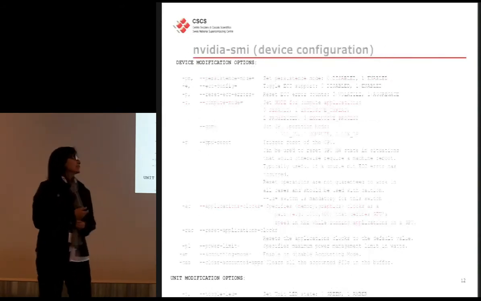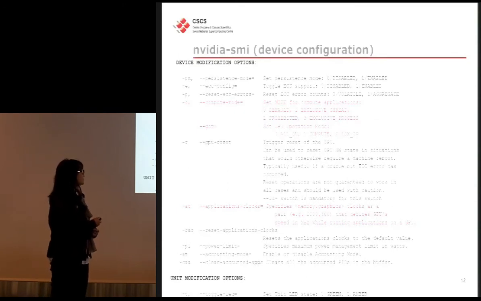Here it gets more exciting, because once you see device modification options, you can see you can change persistent mode. There are pros and cons for it. We tried it on our big system. Then there is compute mode.